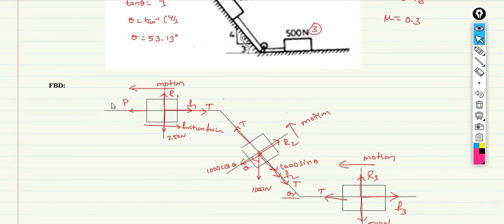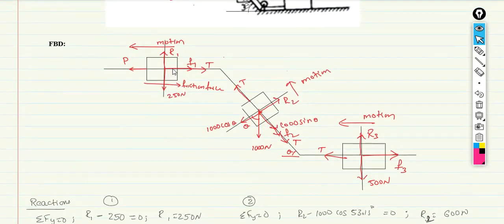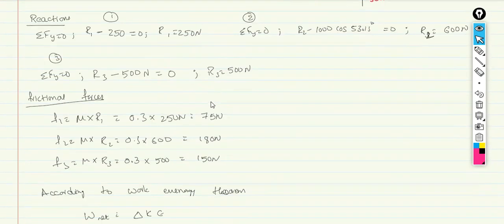See here, P is a force in x direction which is parallel to the motion, right? So motion is in this direction, automatically P is in the same direction, so P is positive. But F1 and T both are opposite to the motion, so F1 is negative, T is negative.